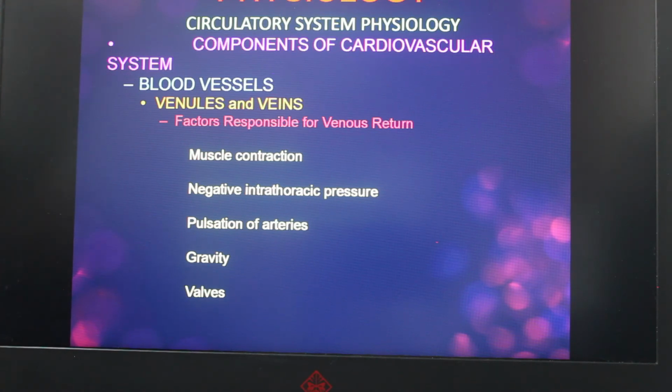Factors responsible for venous return are muscle contractions, negative intrathoracic pressure, pulsation of arteries, gravity, and the valves within the veins.